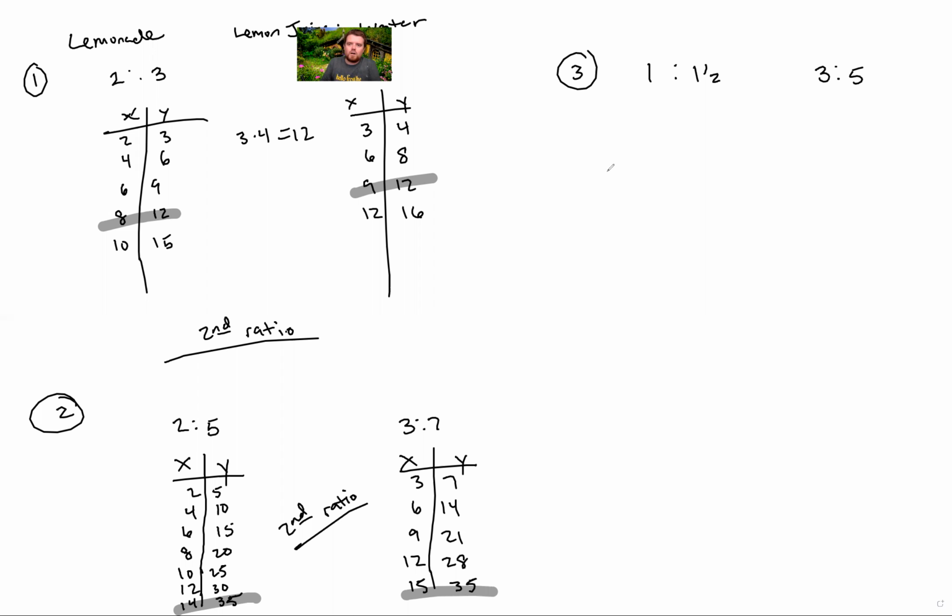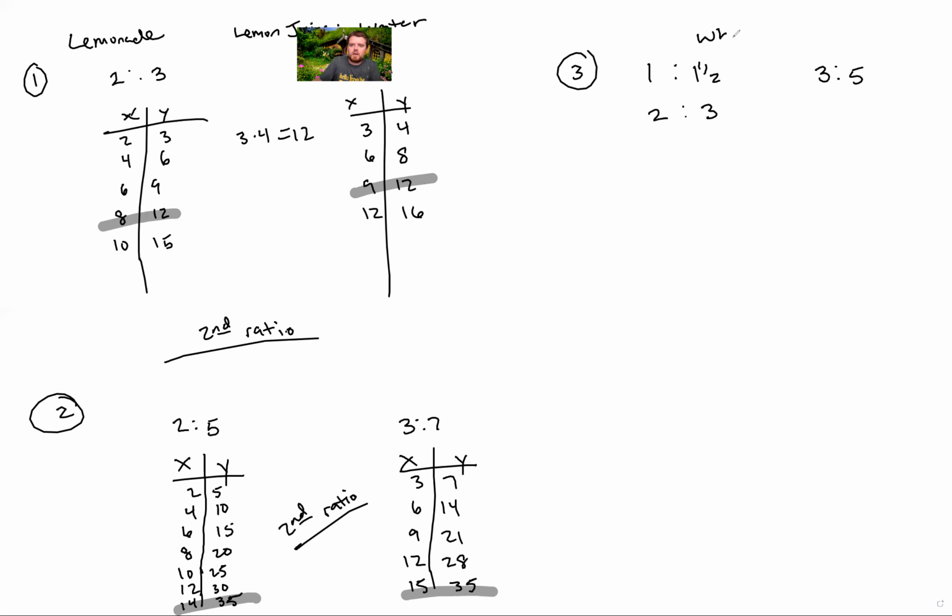Now, on the first example, I have a mixed number. Typically, if we're looking at ratios, we don't want to have a mixed number, which means I need to multiply this until I don't have a mixed number. So if I multiply by a factor of 2, that would take care of the mixed number, which makes this ratio 2 to 3. Then the question is, which has the higher concentration of white sugar?